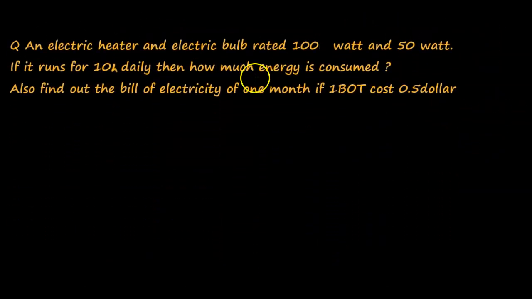Okay, this is a quite interesting question. It is saying that there is an electric heater and an electric bulb rated 100 watt and 50 watt respectively. So the heater is 100 watt and the bulb is 50 watt, and it runs for 10 hours daily. Then how much energy is consumed?